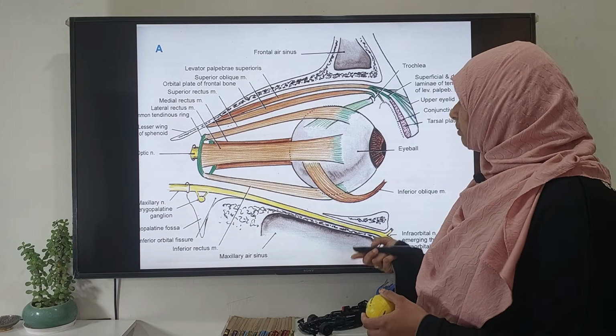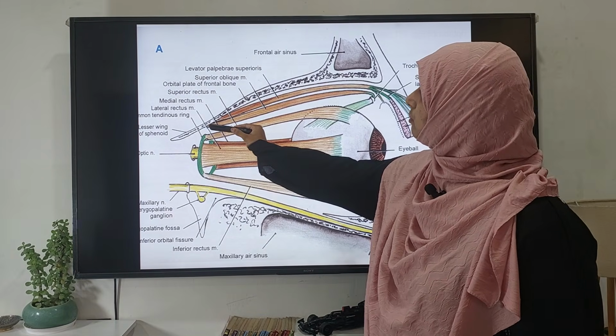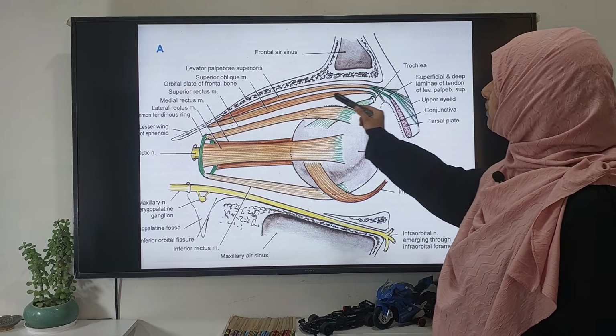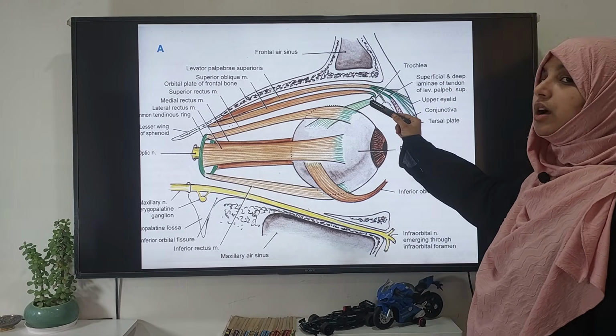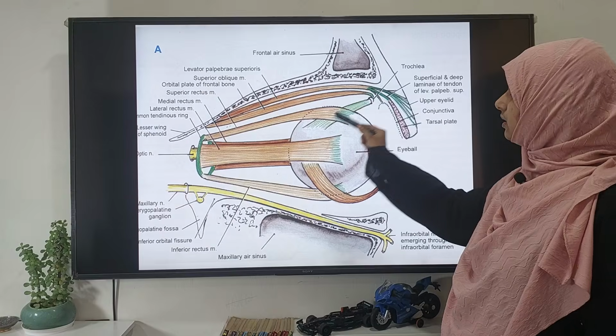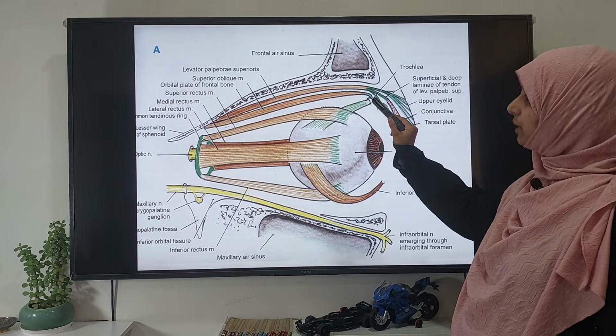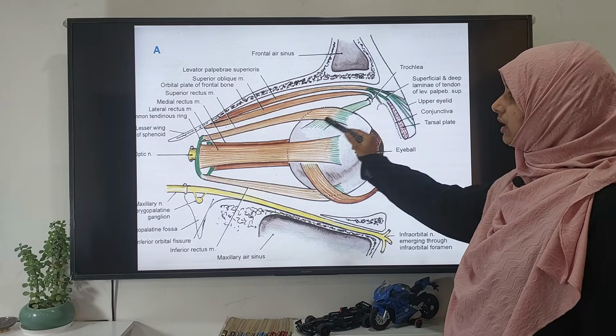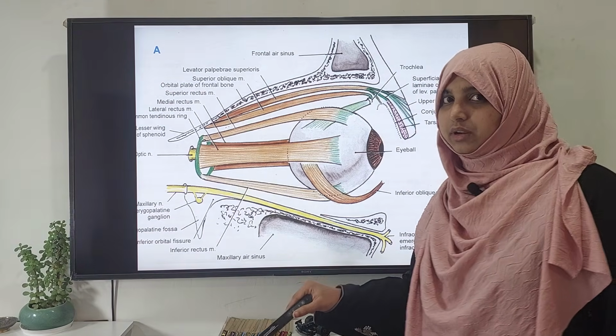And then we have two oblique muscles. Here is the superior oblique, and it is going below. It travels below the levator palpebrae superioris, goes to the medial wall of the orbit, and then takes a turn which is held by a trochlear pulley, and then it goes below the superior rectus muscle and inserts behind the equator.